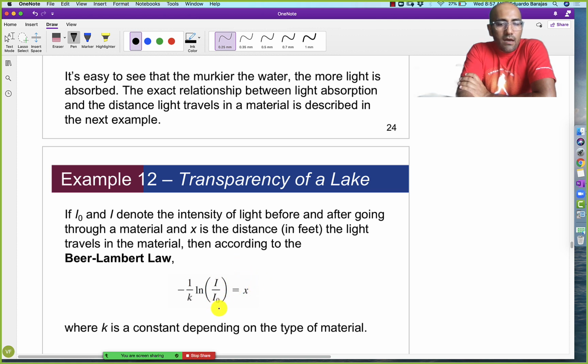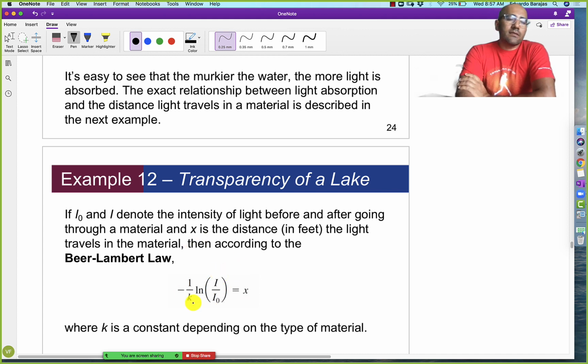So I naught is the initial intensity, right, before it hits a surface, let's say the intensity of light at the surface of the water, and then it goes through a certain depth. Depth is x, so maybe 3 feet underwater, 10 feet underwater, 100 feet underwater, so the depth underneath. Capital I is the intensity of the light at that point, at that depth.